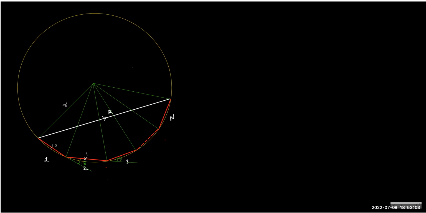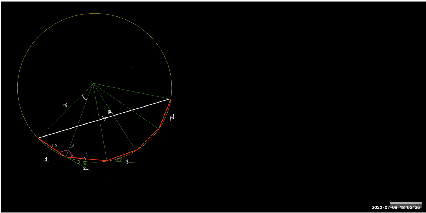Now, given this angle theta, can you guess what will be this angle? Or better, you can derive it also. Slightly geometrical work is there. So if this is theta, this is how much? 180 minus theta.